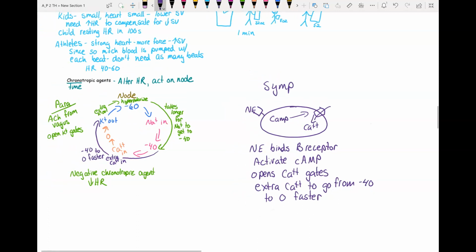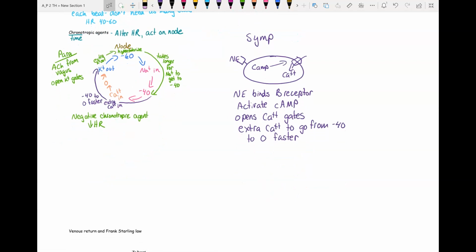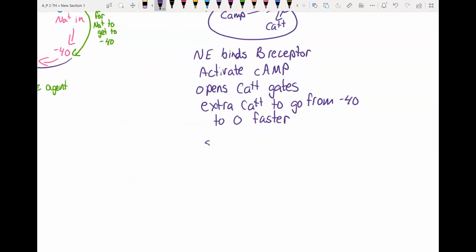So parasympathetic and sympathetic are your main ones here. Sympathetic is a positive chronotropic agent, because it increases your heart rate.